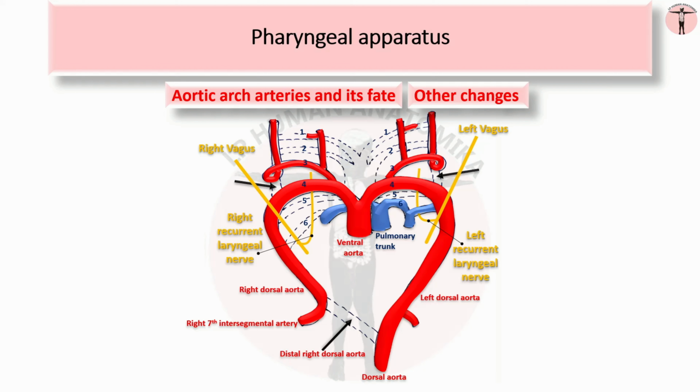On the right, when the distal part of the 6th aortic arch and the 5th aortic arch disappear, the recurrent laryngeal nerve moves up and hooks around the right subclavian artery. On the left, the nerve does not move up since the distal part of the 6th aortic arch persists as the ductus arteriosus, which later forms the ligamentum arteriosum.